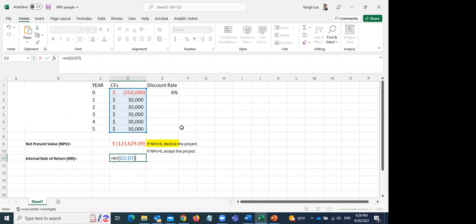Internal rate of return is different from the net present value, but it's also a very good tool or method to decide whether you're going to accept the project or decline the project. See how easy it is. You just type equal IRR, open parentheses, and select all the values in the cash flow column.